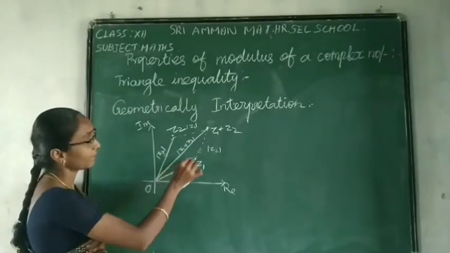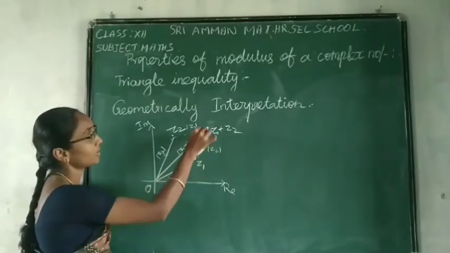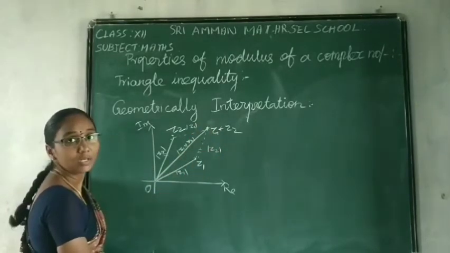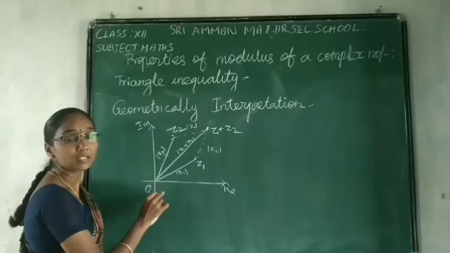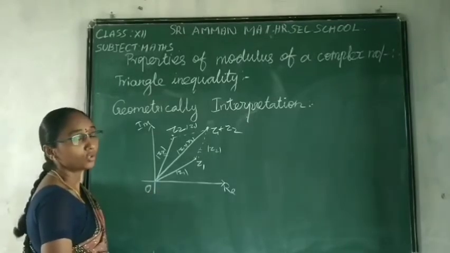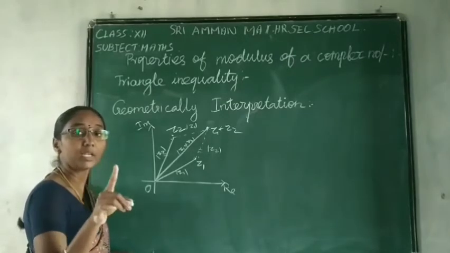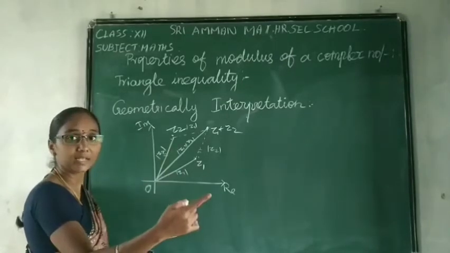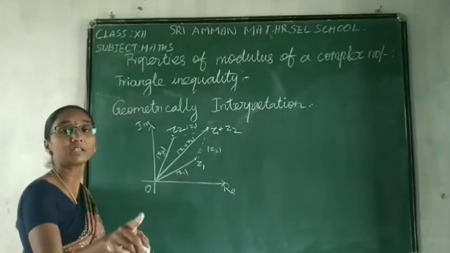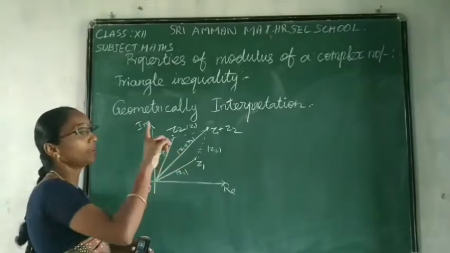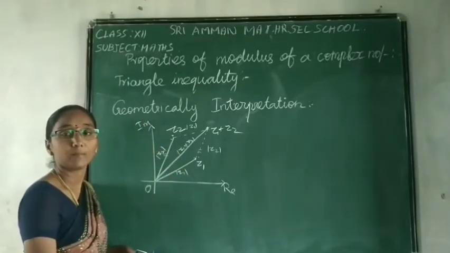Listen, I consider this triangle O, Z1, Z1 plus Z2. This is one of the triangles in this Argand plane. So you already know the sum of any two sides of a triangle is greater than the third side of the same triangle.